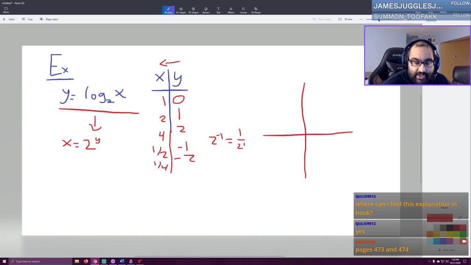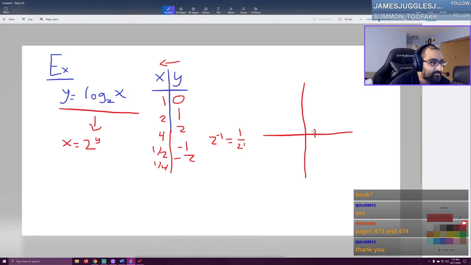Yeah, pages 473 and 474 for the explanation for logarithms. So if you'd like to reference those, you can. That's where I'm referencing that. No problem. I'm here to help.